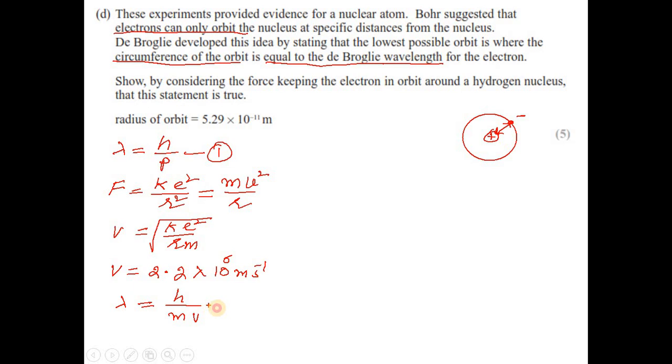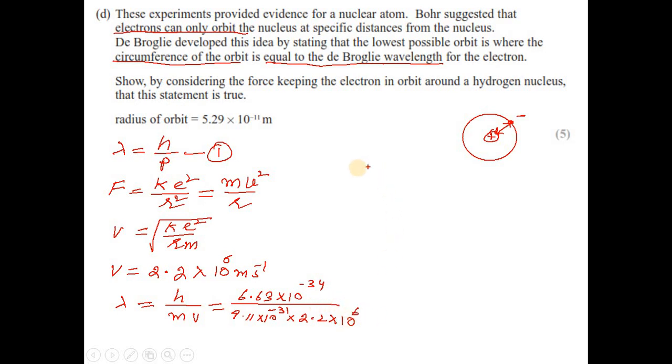So you substitute the numbers: h is Planck's constant, 6.63 times 10 to the power minus 34, m is the mass of the electron, 9.11 times 10 to the power minus 31, times v, which we found to be 2.2 times 10 to the power 6.